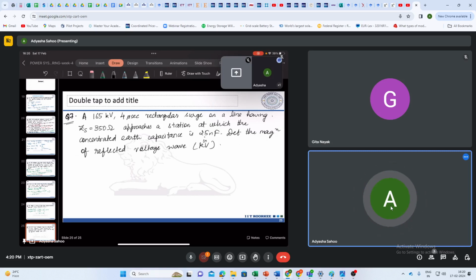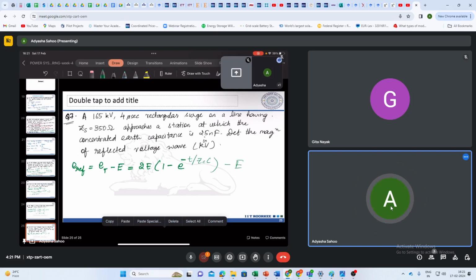So here we need to calculate the reflected. So E reflected will be E total, or E transmitted, minus E incident. We have calculated it earlier, the formula for a line terminating with the cable, minus the incident, right?